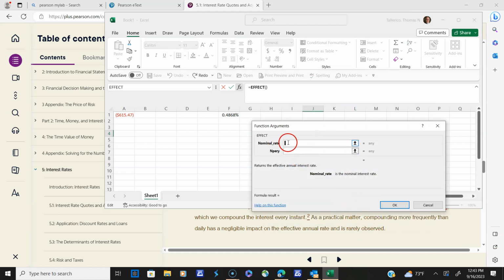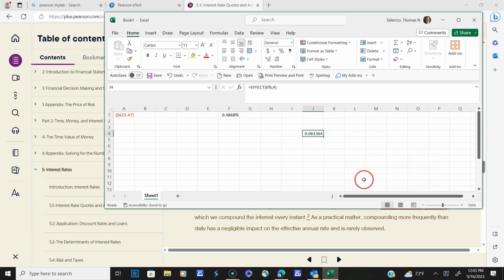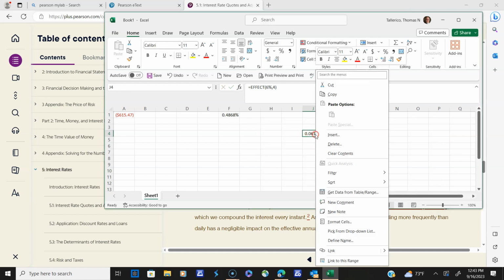All you got to do is put the annual percentage rate here. So let's say it's 6%, and the money's compounded, you get your interest every 3 months. You would have 4 compounding periods. And basically, you would say, okay, this is because of the compounding every 3 months.